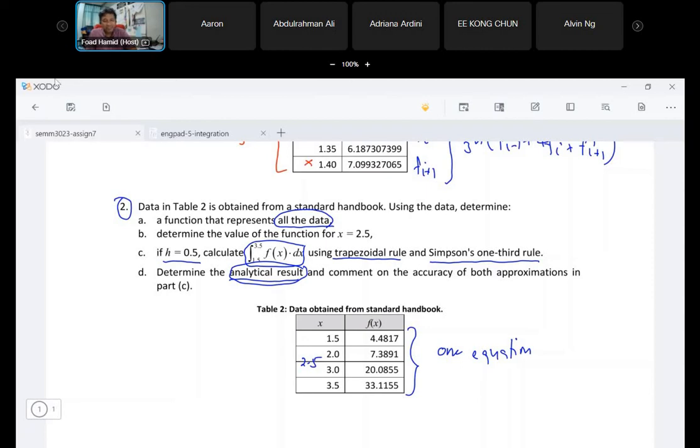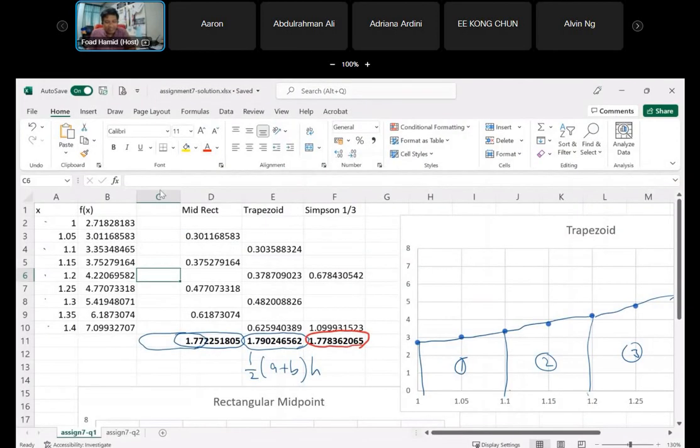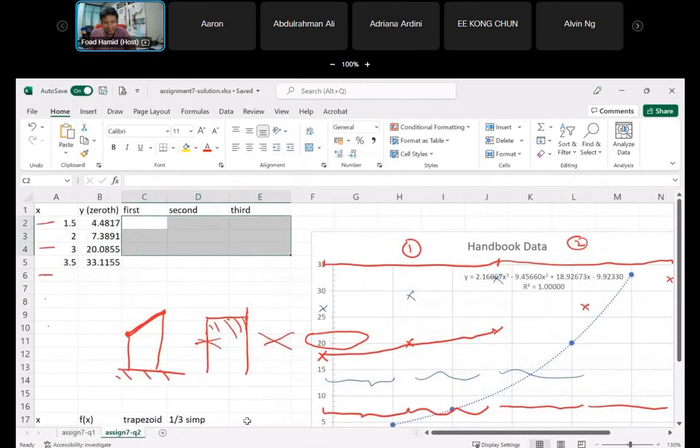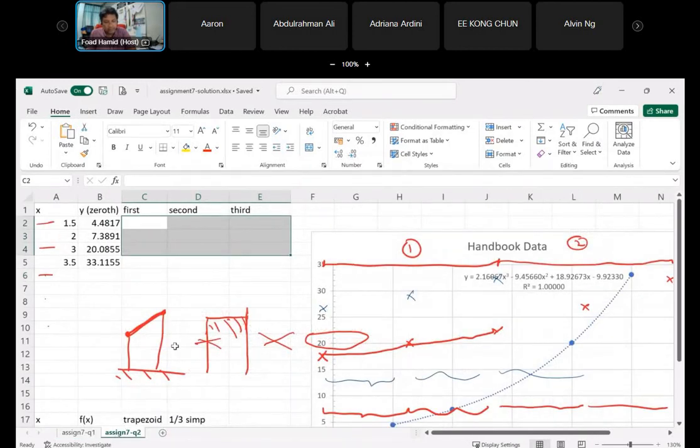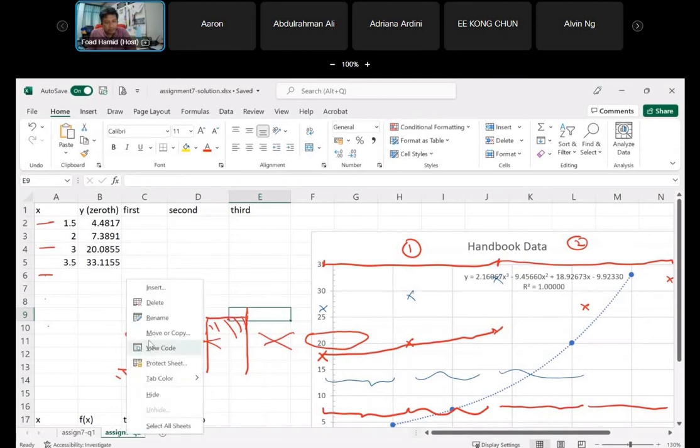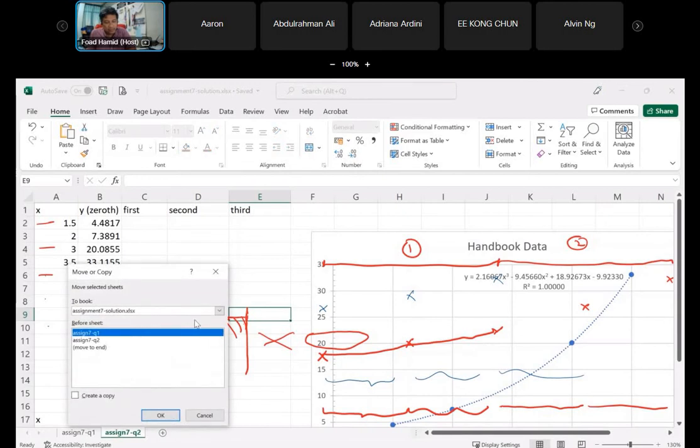Okay, so let's do this. Let's look at my Excel again. Okay, let me close this. How do I remove this? Okay, let me export this to a new book.